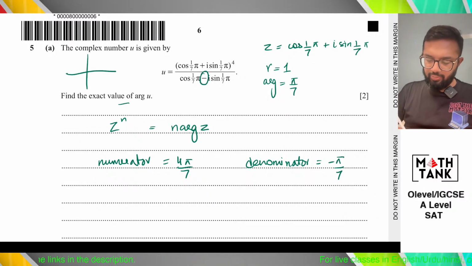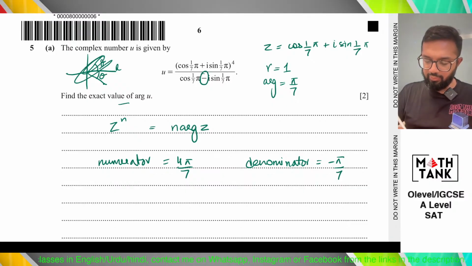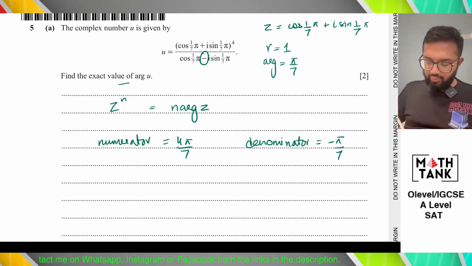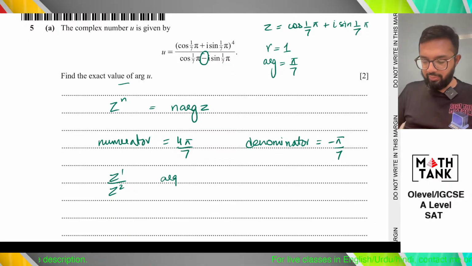You see, the real part is positive and only the imaginary part has gone negative. So instead of having this theta, I have this theta, and this theta should be minus pi over 7. When you have numerator and denominator like that, so if z1 and z2 are getting divided, then the argument of the complex number is basically argument of z1 minus argument of z2.